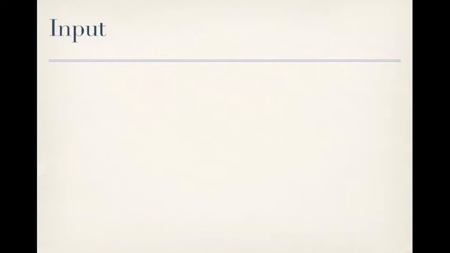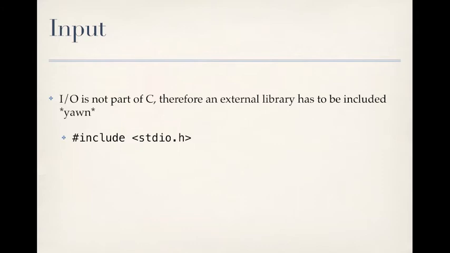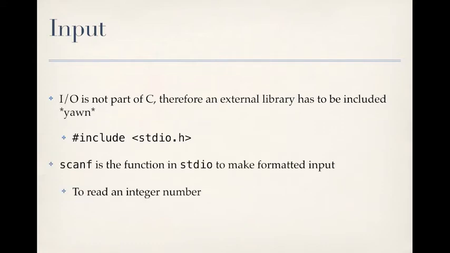Okay. Now let's go to the input part. You know already that I/O is not part of C, and we know we need an external library. Again, it's standard I/O, and analogously to printf, we have a function called scanf, defined in standard I/O to do formatted input.